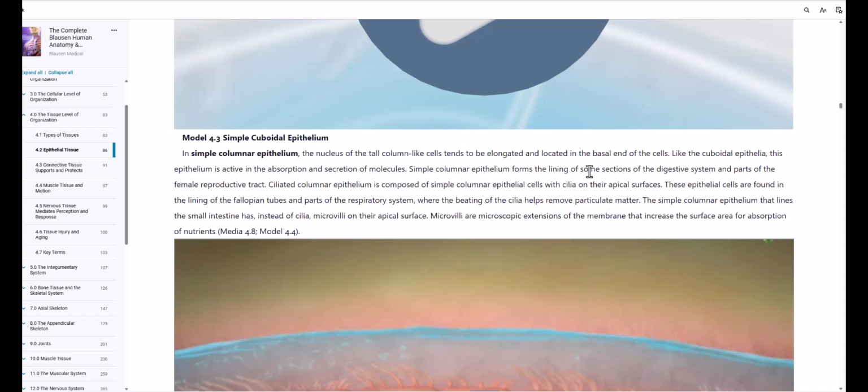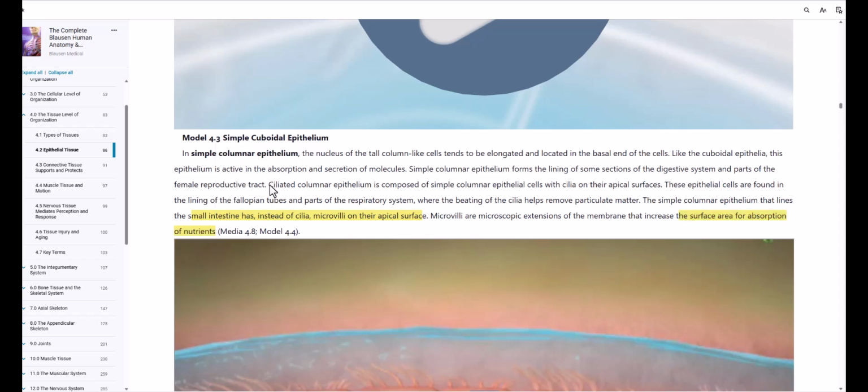One of the other things about these cells is that in the intestines, these cells have microvilli on their apical surface. And microvilli are basically little ruffles that increase the surface area so that as food is traveling through your intestines, it can be quickly absorbed into your body.